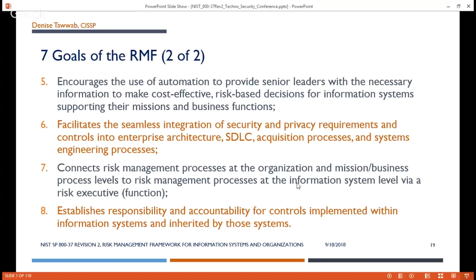But basically, that's the person or entity that's in charge of information security risk management within the organization. The risk management framework establishes responsibility and accountability for controls that are implemented within information systems and inherited by those systems. Somebody is responsible and accountable for the information system and for the risk posture of that system.